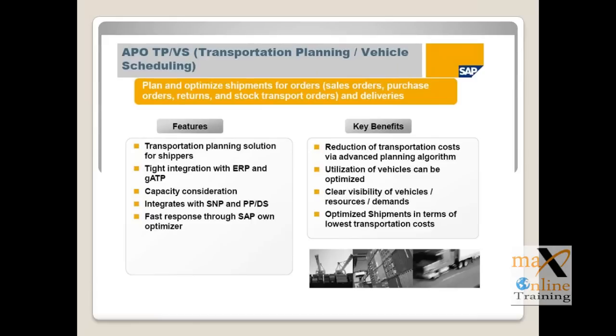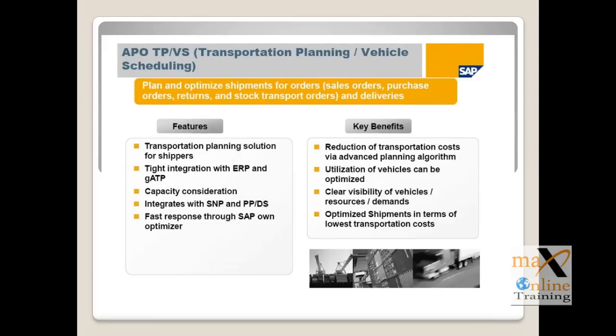Like demand planning for forecasting, SNP for midterm planning, PPDS for short-term production planning, global availability promise to know the sales order confirmation, and transportation planning and vehicle scheduling. This is to optimize the transportation load and minimize the transportation cost. So these are the 5 modules.